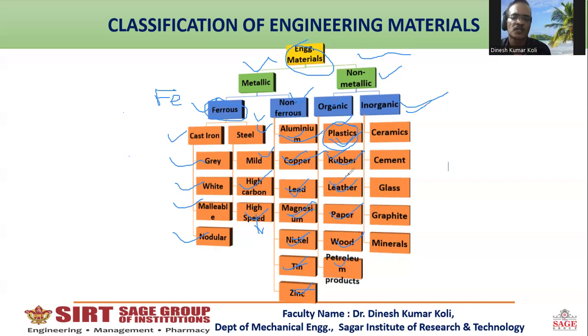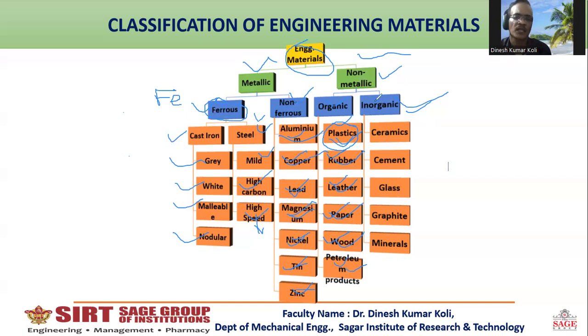Leather is also used in our shoes, in the sports industry, for making belts, etc. Paper is also made by using pulp of some wood material. Wood is used for different purposes, and petroleum products may include grease, Vaseline or paint, different types of material. So these are all called organic materials.